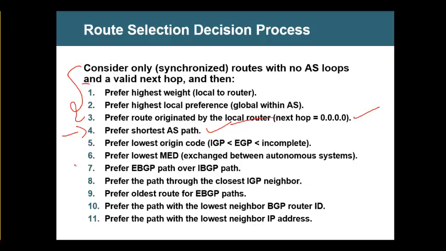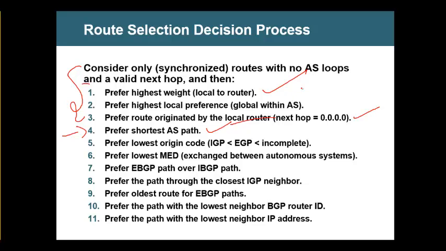Now you understand why yesterday, even though the AS path was too lengthy, too long, when I said weight, the decision was made based on the weight, because weight attribute comes on top. Only the fourth attribute is AS path.